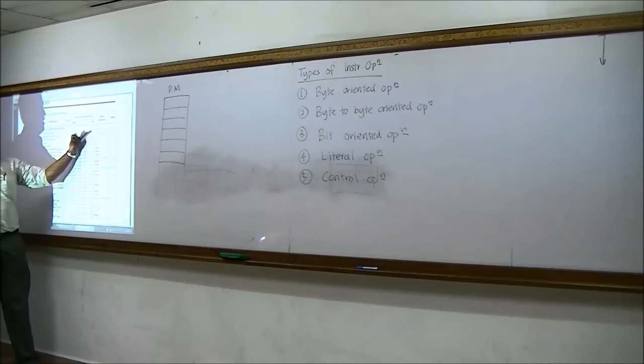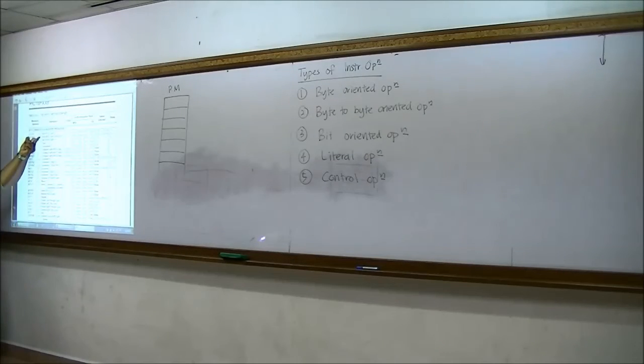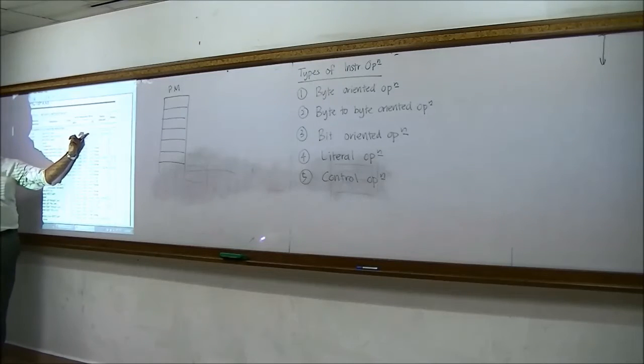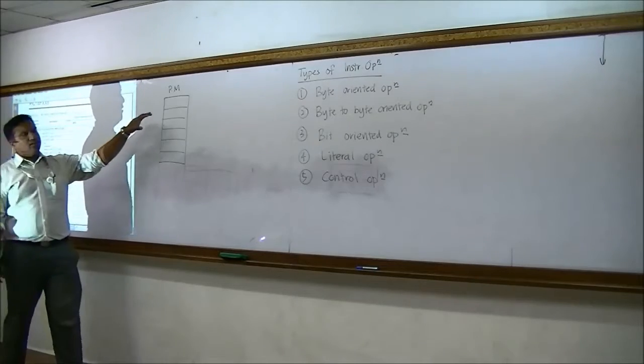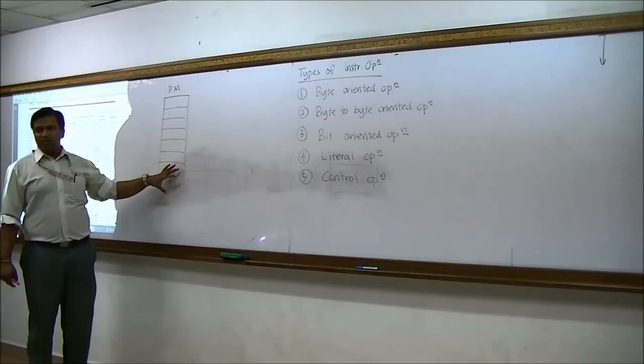So this 16 bit, this is actually the program. This is mnemonic representation. Did I mention that in class? So this is also known as the machine code, which means this is what will be stored in the program memory.